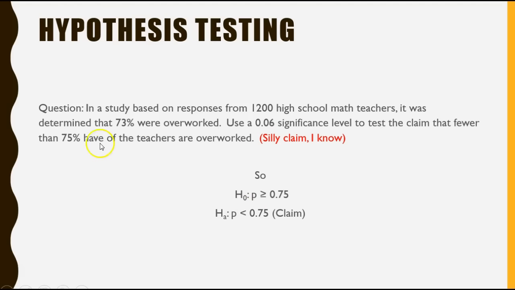The claim is that fewer than 75% are overworked, so less than 0.75. My claim is my alternative. The complement of that would be that it's greater than or equal to 0.75.